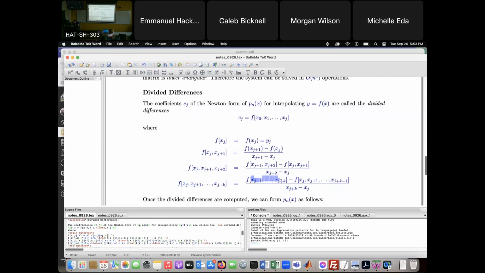The x values listed here and here are largely the same. The difference is this one does not include xj plus k, and this one does not include x sub j. And those are the x values that are subtracted below.